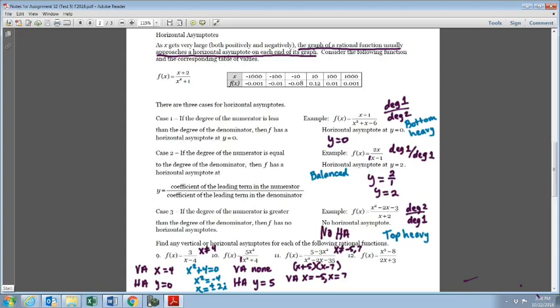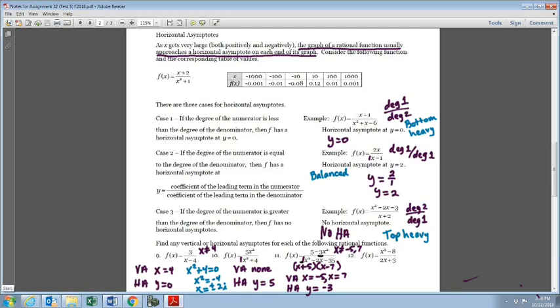Be careful, in the numerator the leading term is -3x squared. So we're using -3 over 1. And so -3 over 1, y equals -3. You do have to take the sign there.